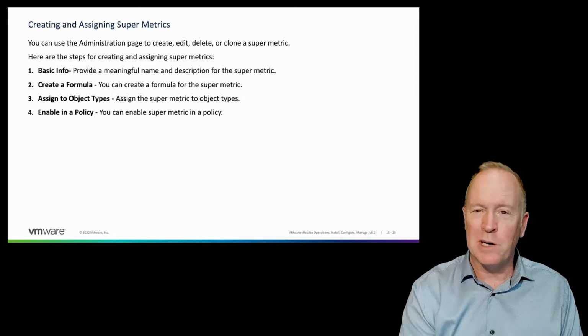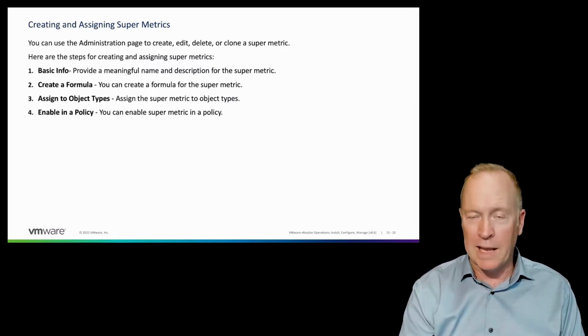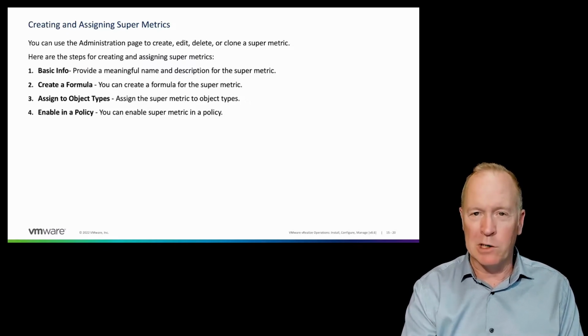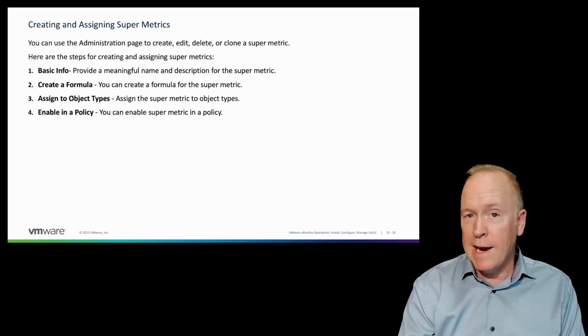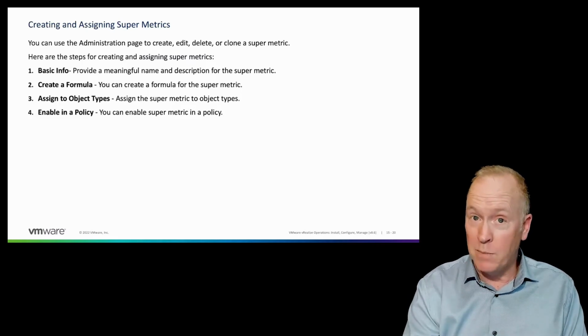The supermetrics administration page allows you to create supermetrics, edit them, delete them, duplicate them. So the majority of the work that you're going to do with supermetrics is going to be on that administration page. When you create a supermetric, as we saw in the previous slide, there are 4 steps.